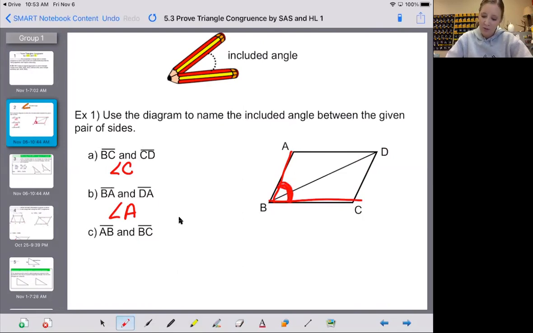Because angle B could be the top portion, the bottom portion, or it could be the entire angle, which is what we're wanting. And so for angle B, in this case, we're going to say angle ABC. We're going to use all three letters. Okay. So again, the included angle is the angle between the two sides that we're talking about.